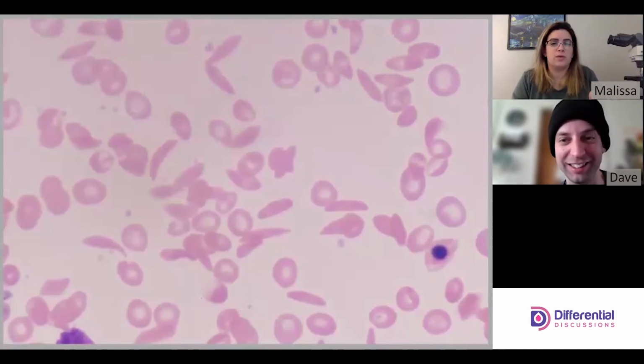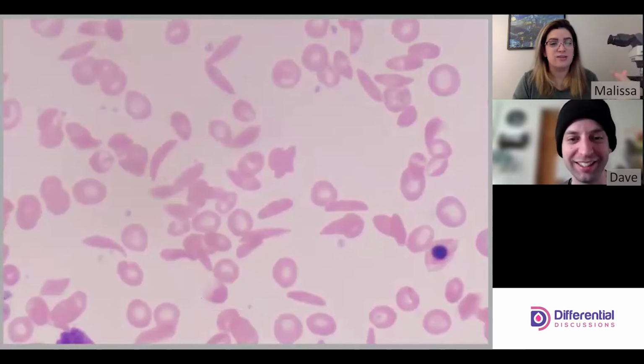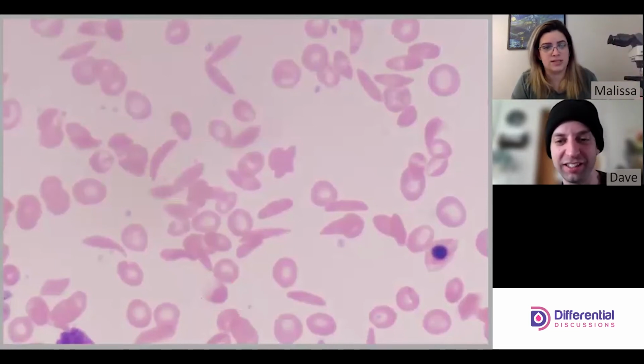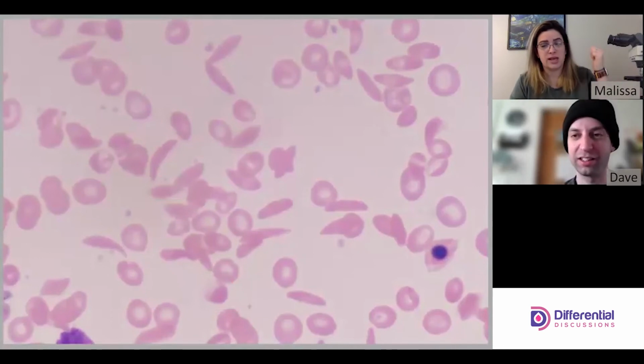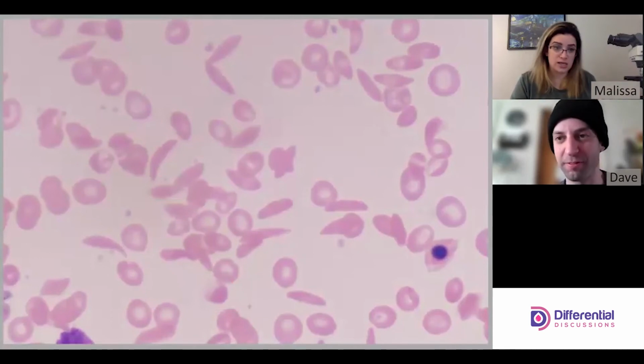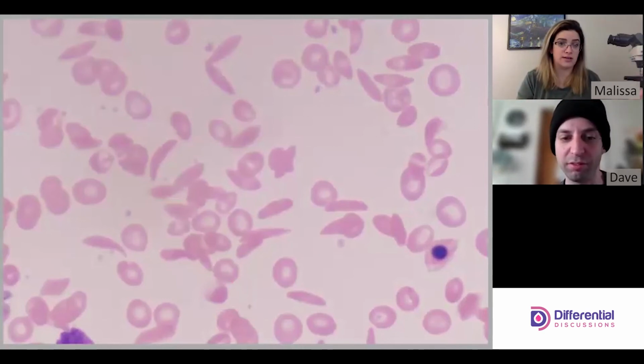But if you think about hemoglobin SC, you're not going to see all these sickle cells. You may see a sickle cell occasionally, but really SC is target cells, SC crystals, and an occasional sickle. So when you're seeing a ton of sickle cells, even if you're seeing things that look hemoglobin C-esque, it's sickle cell disease and not hemoglobin SC.